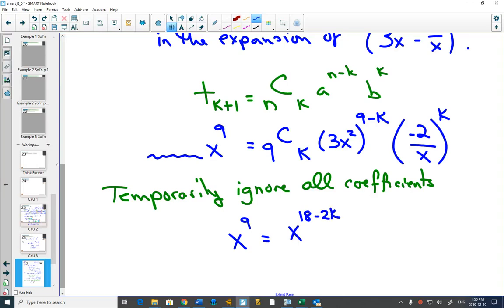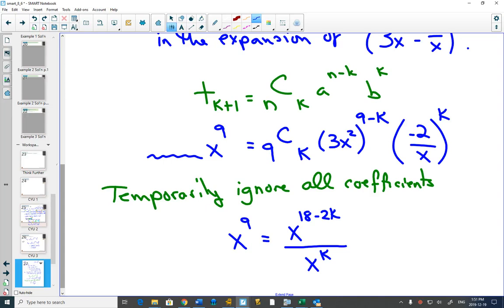If I multiply the 9 minus k times the 2, I'm going to have x to the 18 minus 2k in my numerator. In my second fraction, I'm going to ignore the negative 2, because it's just a number. But I have some x's that will be in the denominator. How many? x to the k.